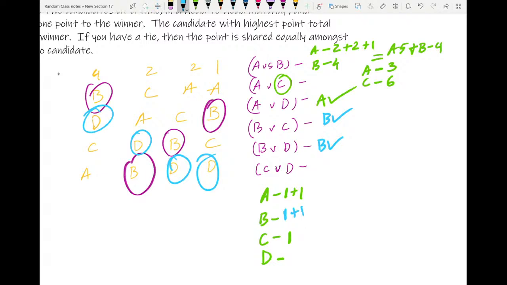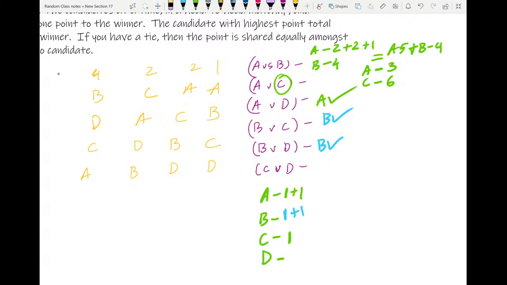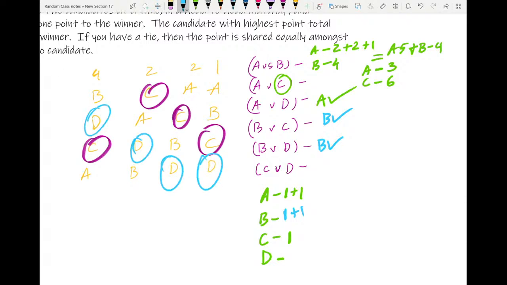All right, and now let's look at C and D. That sounded very easy. Clearly C is the winner.